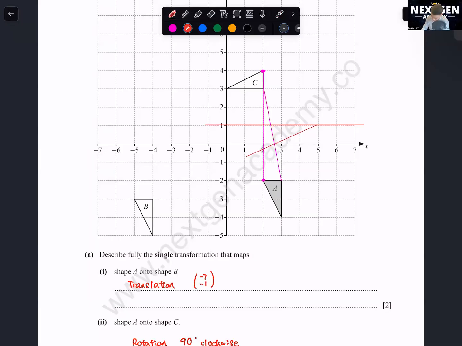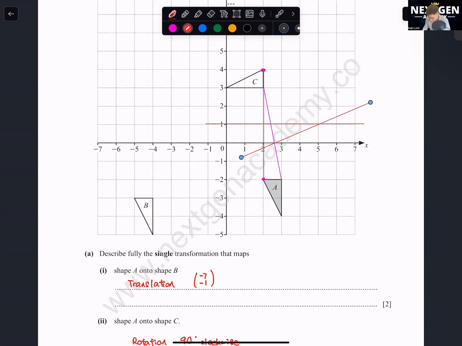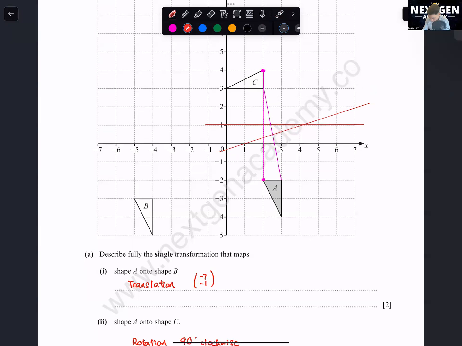You will get the point here. A bit hard for me to draw here, but it will be something like this. When you draw two perpendicular bisectors, where they intersect, in this case, is 5, 1.